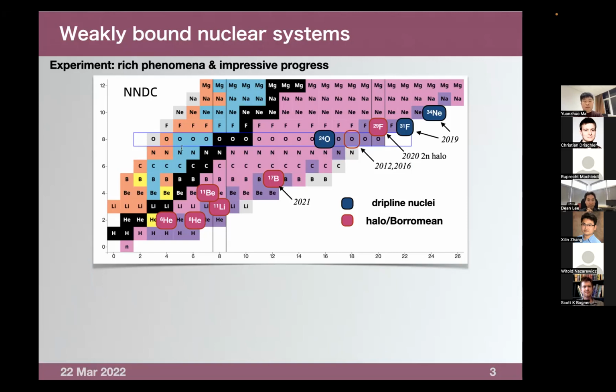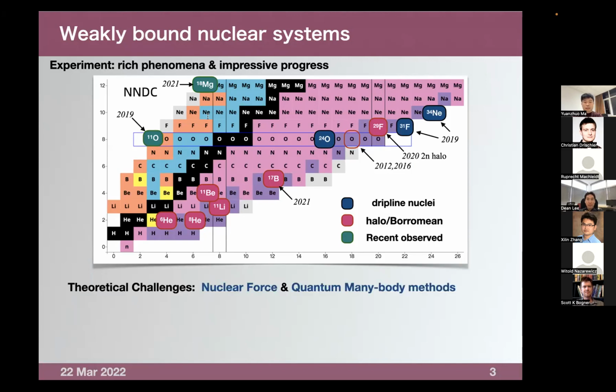On the other side, the proton-rich side also has exciting progress, such as the mirror symmetry of the halo lithium-11. Oxygen-11 was observed in 2019, and unbound magnesium-18 has been observed in 2021. All of these new observations and discoveries also put forward new challenges and requirements to our theoretical calculation.